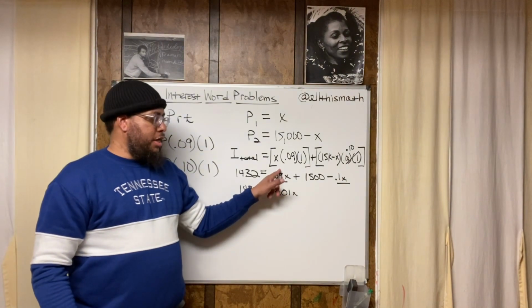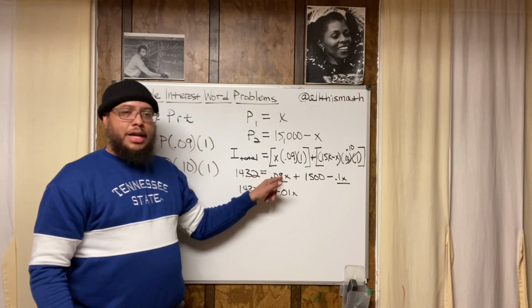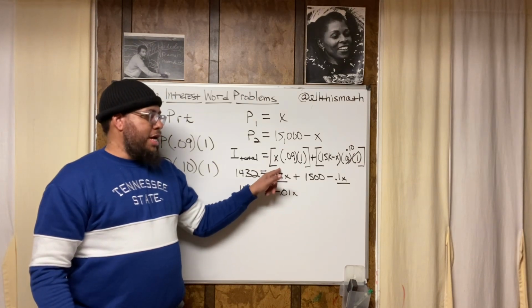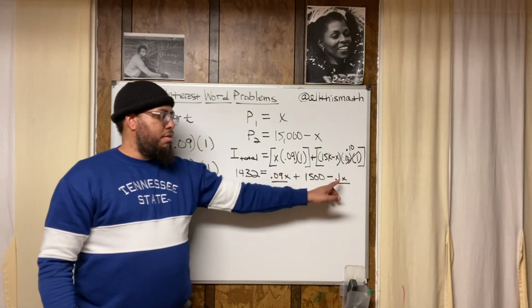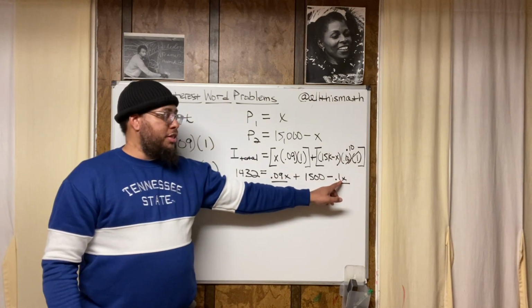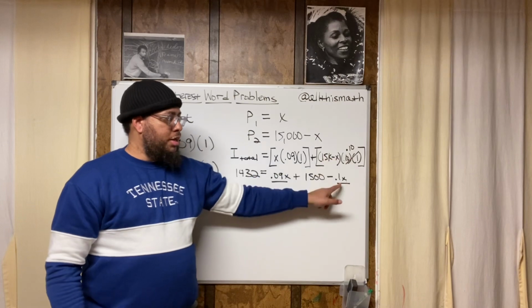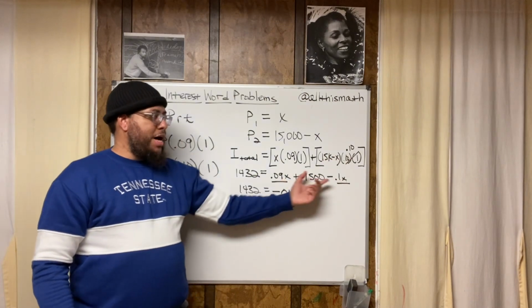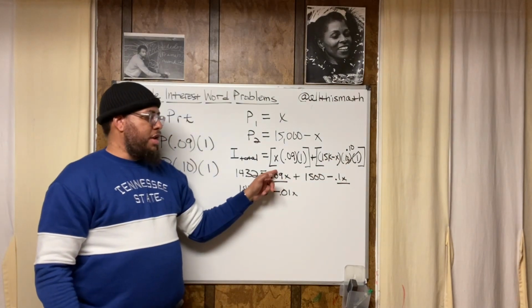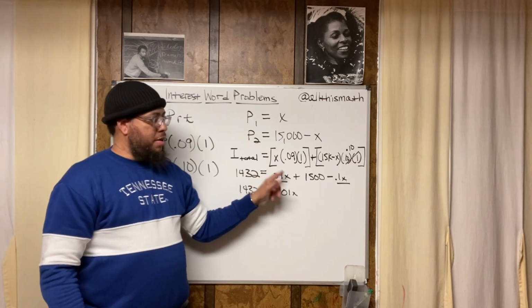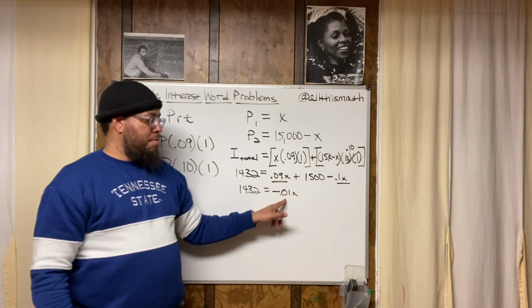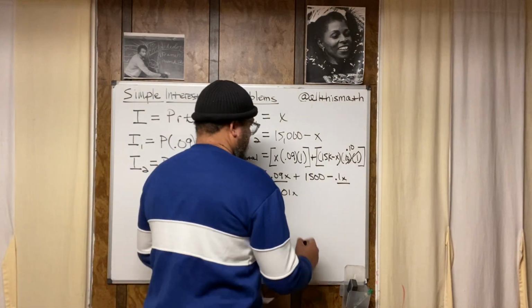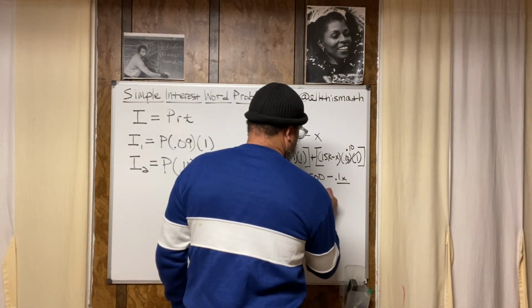Basically, 9 cents, 0.09, right? This is not 90 cents. 0.09 is 9 cents. 0.1 is 10 cents. Because 0.1 is the same thing as 0.10. That's 10 cents, right? Combine the terms. Actually positive 9 cents minus a dime leaves you with a negative penny, 0.01. All right. And then we still got plus 1,500.